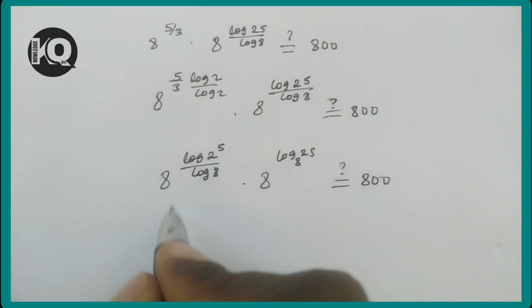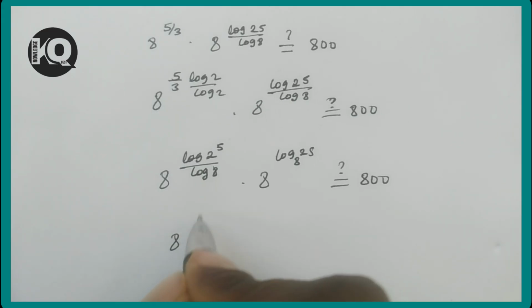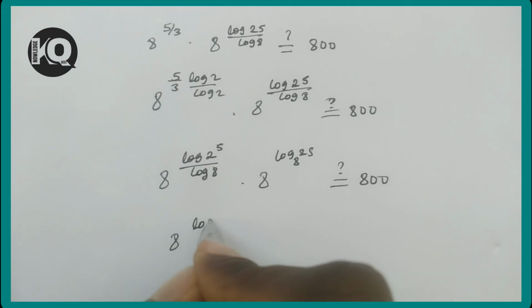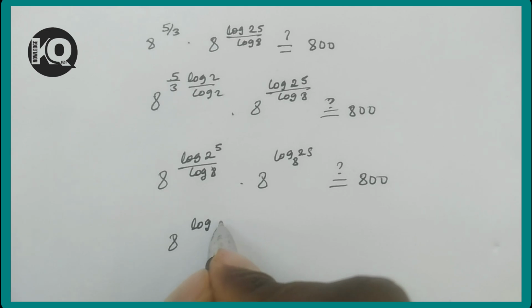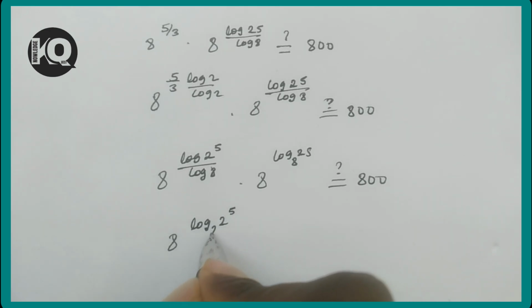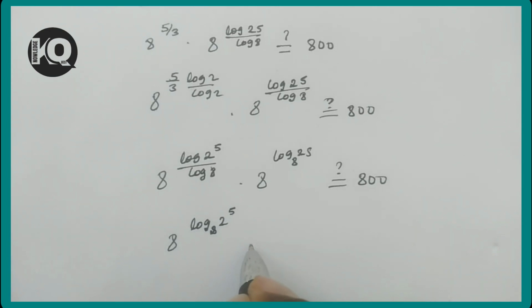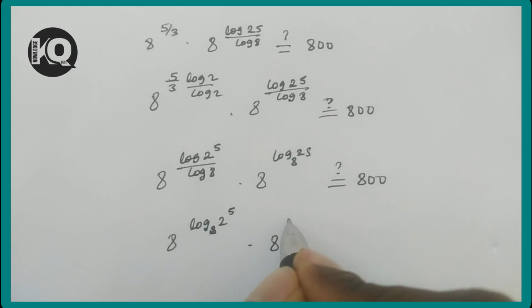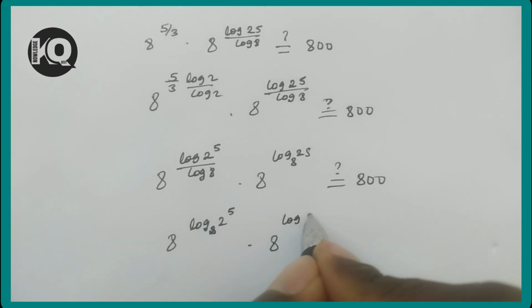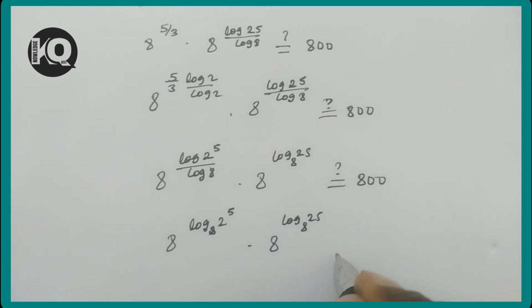Also, we can write 8 to the power of log of 2 to the power of 5 to the base 8, times 8 to the power of log of 25 to the base 8, which is equal to 800.